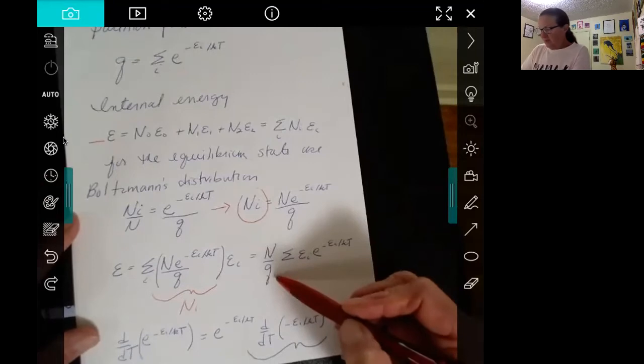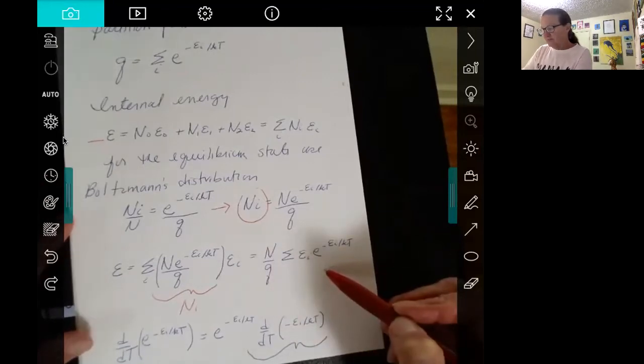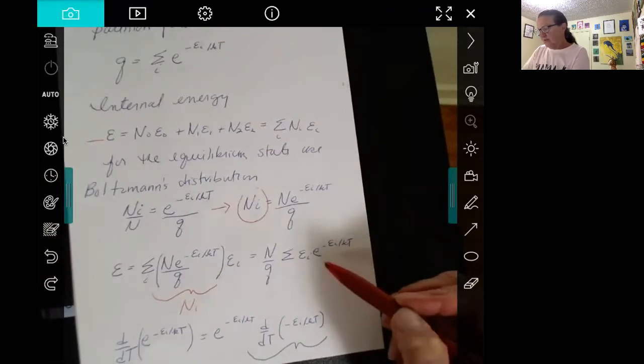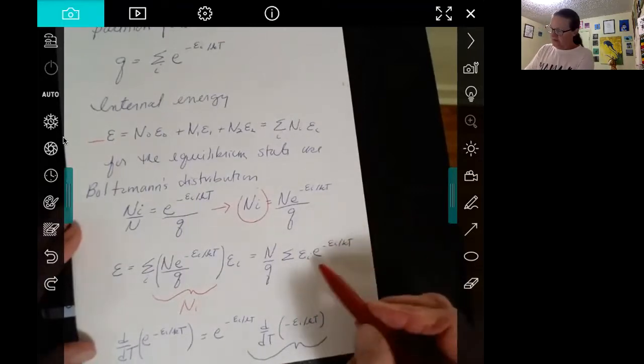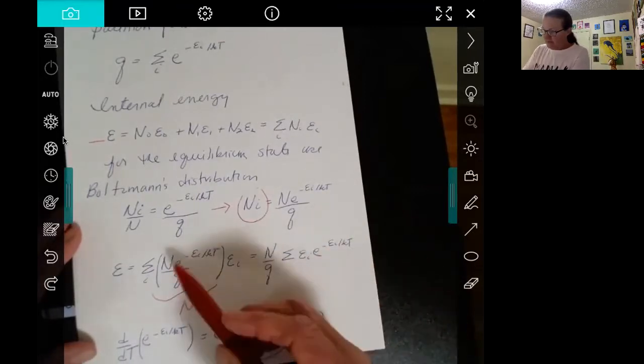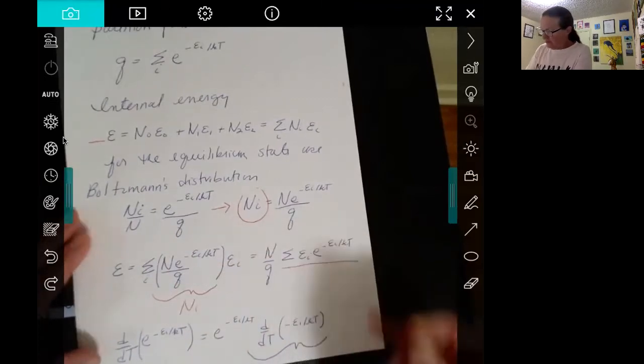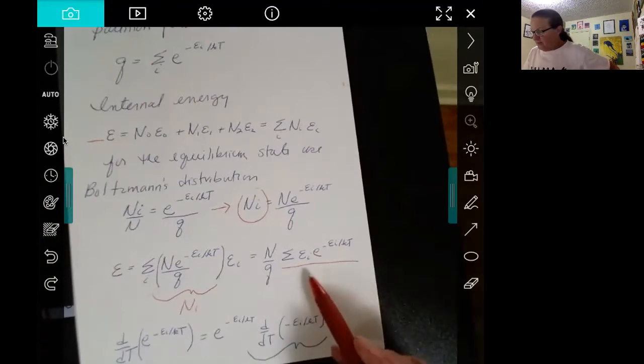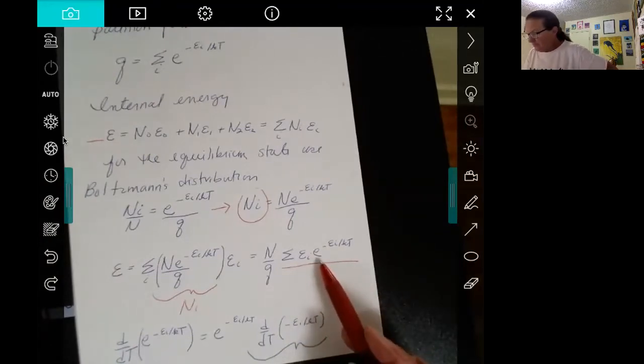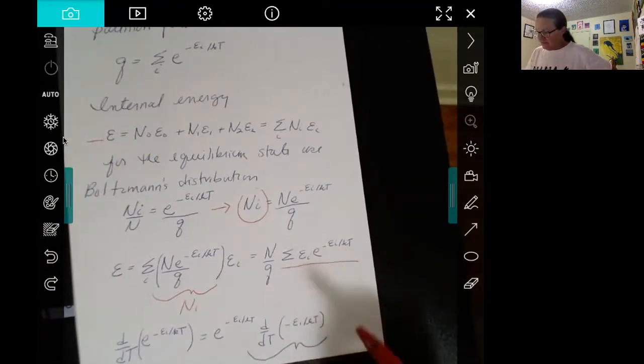N and Q don't have indexes, so they're just numbers multiplied by each term. So you can pull them out and multiply the sum by N over Q, and we end up with the sum over E_i e to the minus E_i over kT.